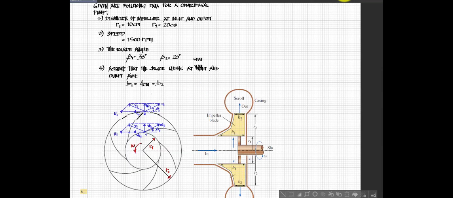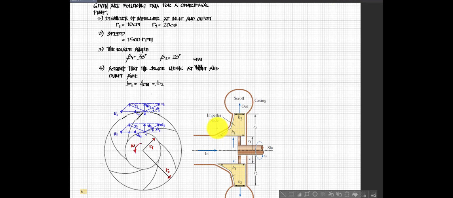So I have here the figure of a centrifugal pump. The problem says that B sub 1 and B sub 2 are equal, so the thickness is the same. If you're going to do that, you'll be projecting a line starting from here.